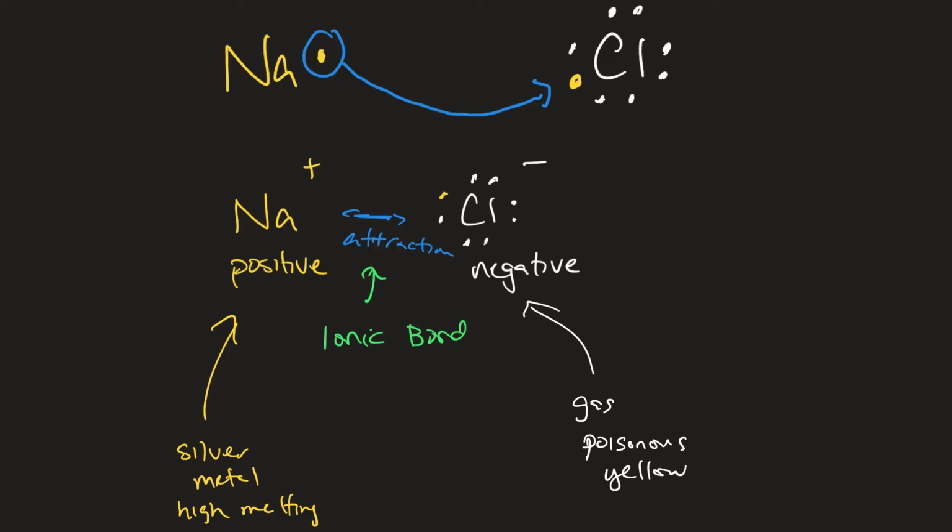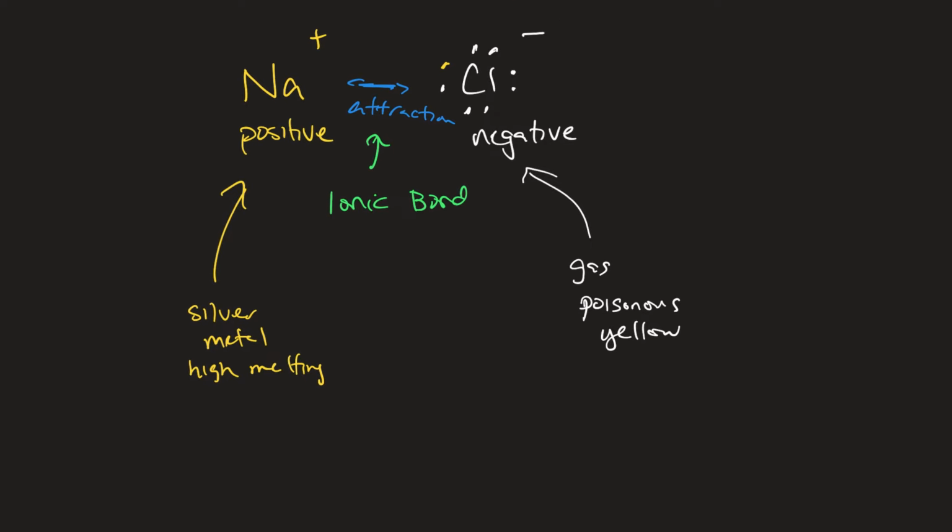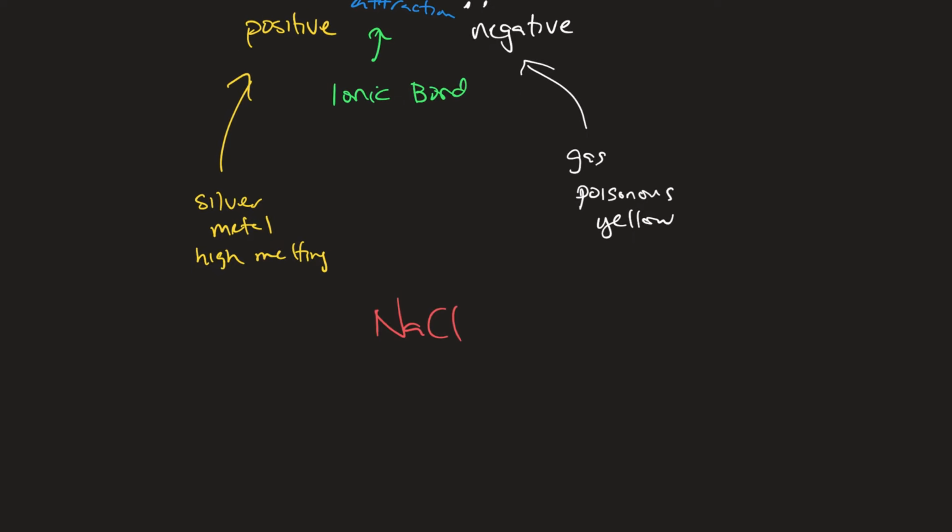Now when we put NaCl together, what we have is an ionic compound called sodium chloride, AKA table salt. Now it becomes a white crystalline substance.